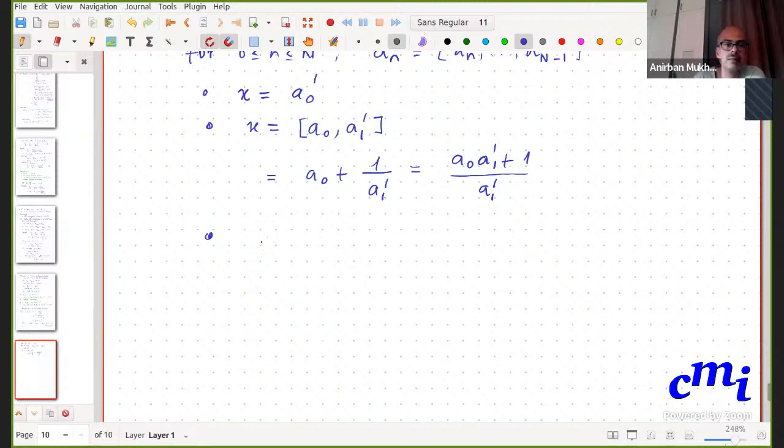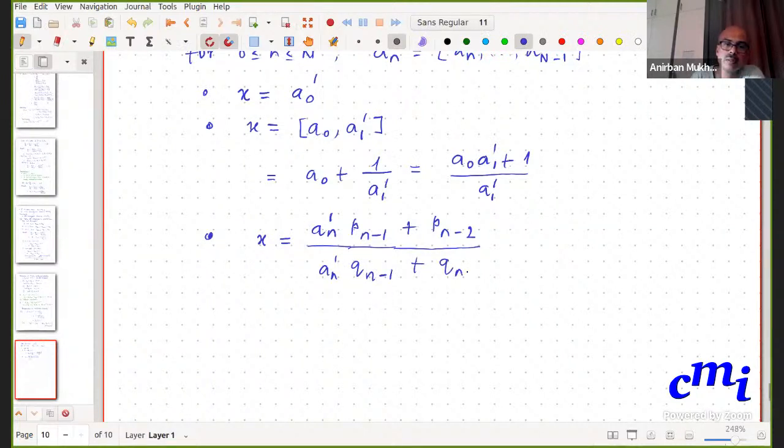For n greater than or equal to 2, I can write it as an dash p(n-1) plus p(n-2), over an dash q(n-1) plus q(n-2).